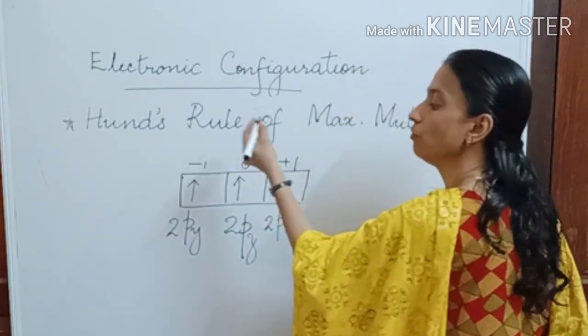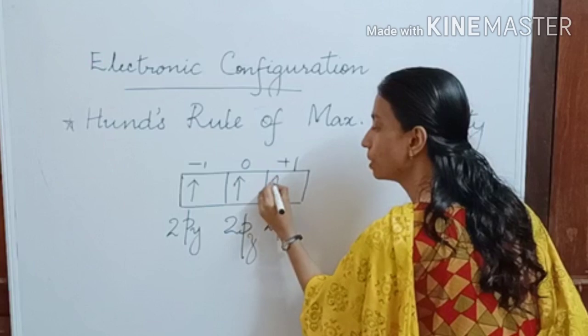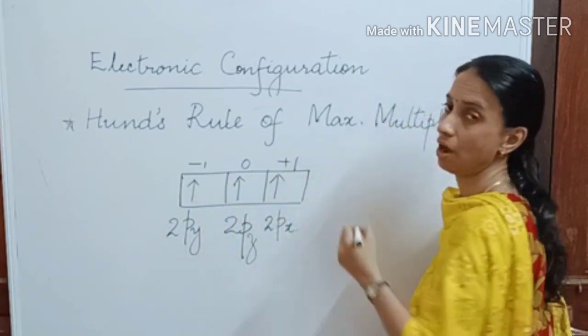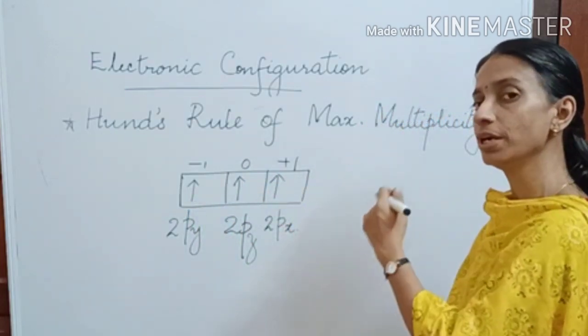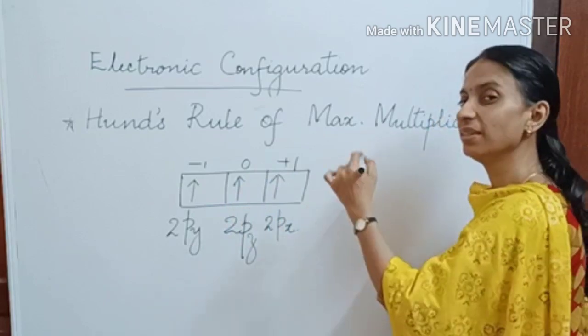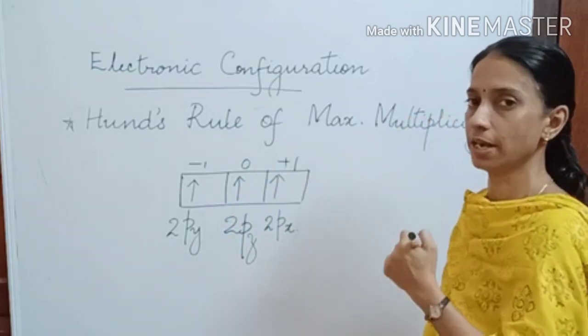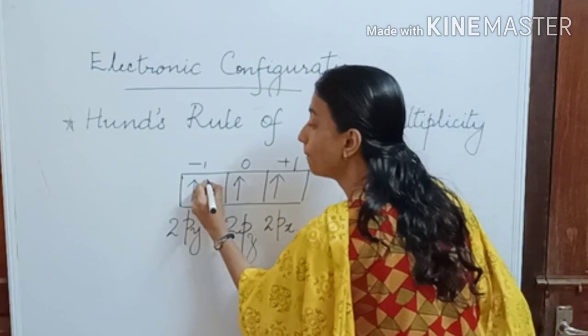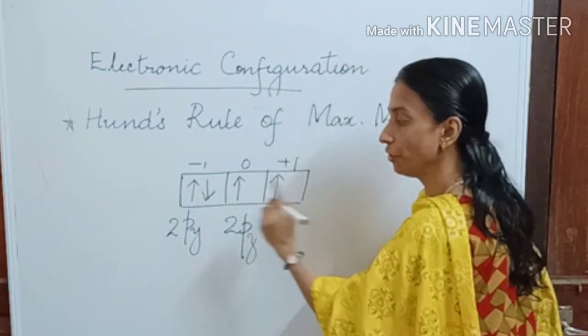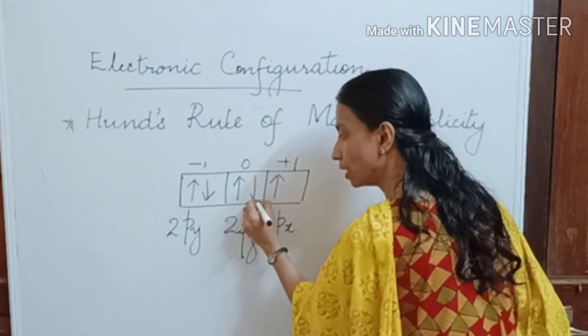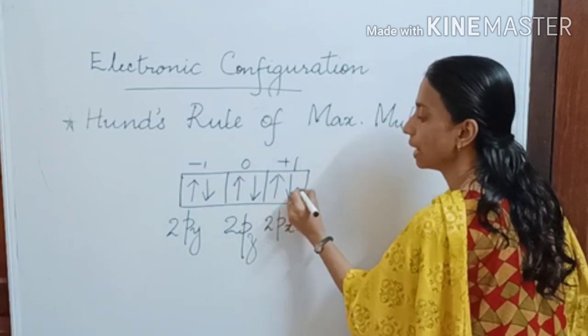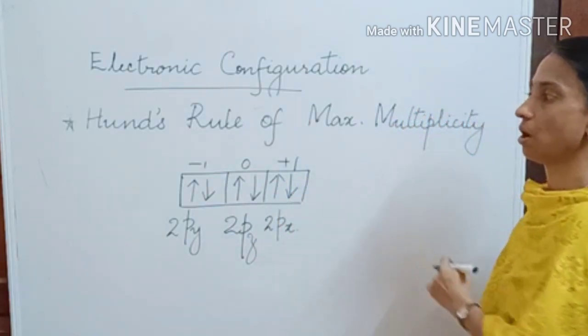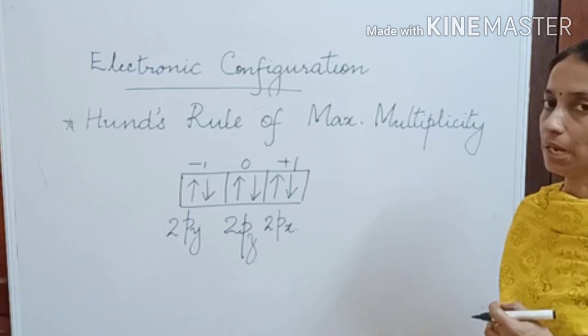The third one will again be filled in the next orbital, and it becomes half filled. Only after it gets half filled, the fourth electron will go for pairing up. The fifth one will go to the next one and the sixth one will enter the last. So this is how Hund's rule works.